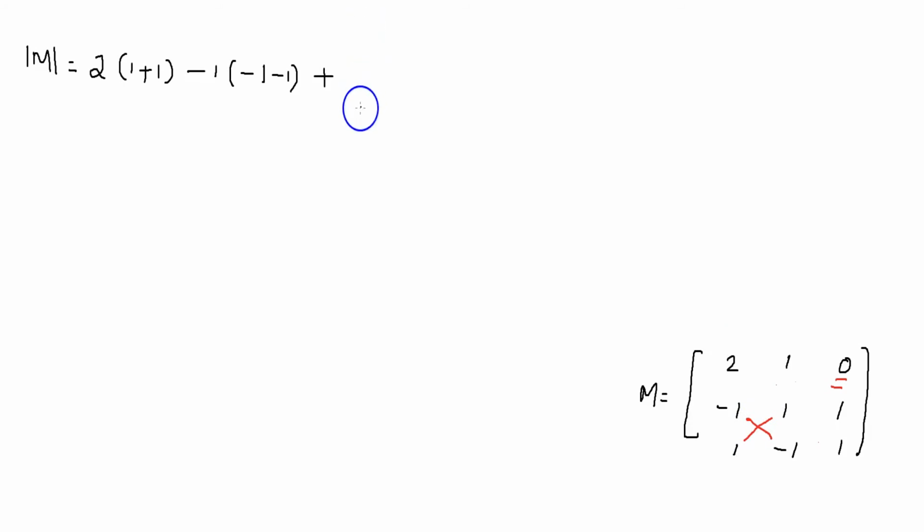Here A13 is 0, and after cross multiplying minus of A13 we get 1 minus 1. Therefore, determinant of M equal to 6.